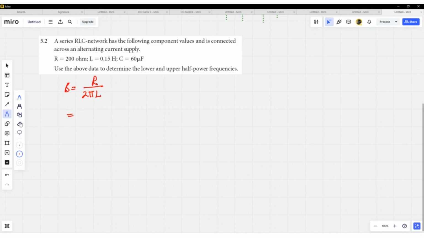Bandwidth. So the resistance here is 200 ohms divided by 2 pi divided by L, which is 0.15.